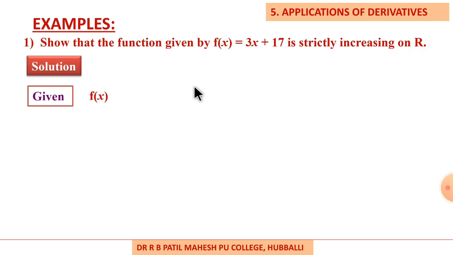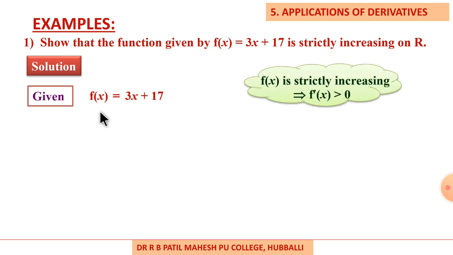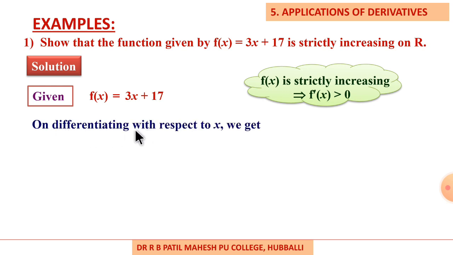So first write down f of x equal to 3x plus 17. We call the function strictly increasing when f dash of x is greater than 0. Now we will calculate f dash of x first.